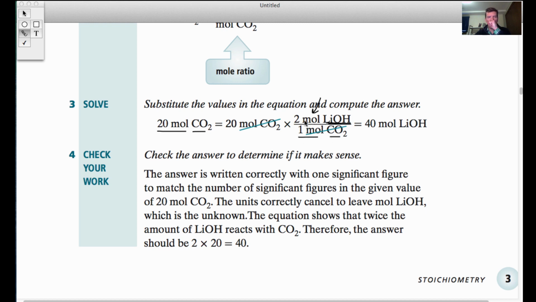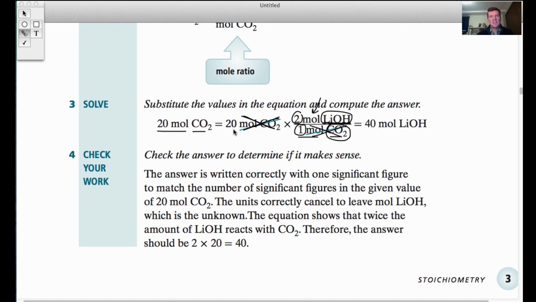That's the ratio in the reaction. These numbers, 2 and 1, are the coefficients in front of lithium hydroxide and carbon dioxide. How do I know I want the lithium hydroxide in the numerator and the carbon dioxide in the denominator? Because I want to cancel moles of carbon dioxide, so that has to be in the denominator.